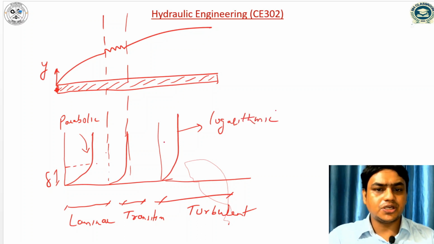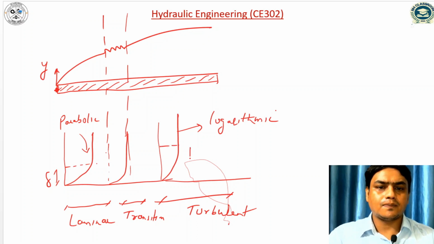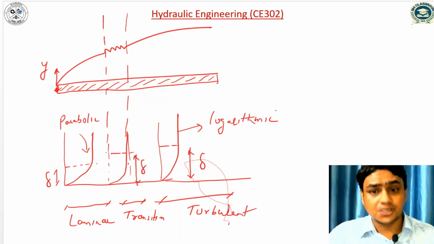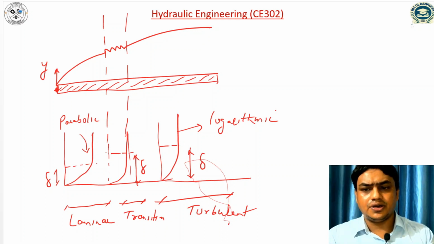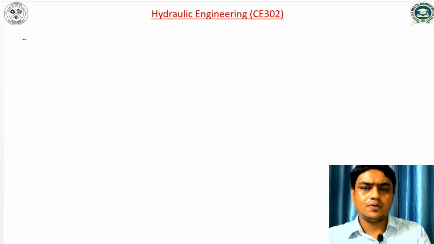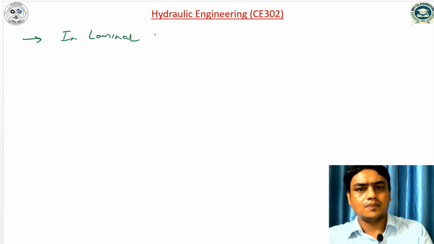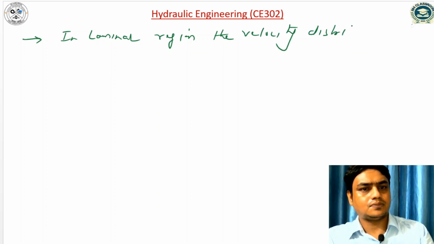So in the laminar region the velocity distribution is parabolic.